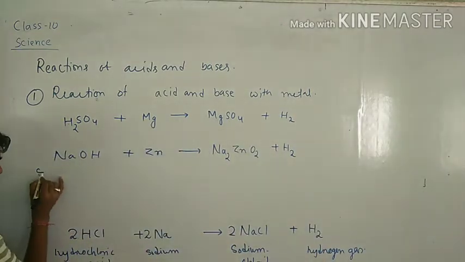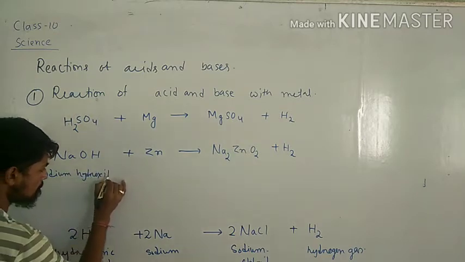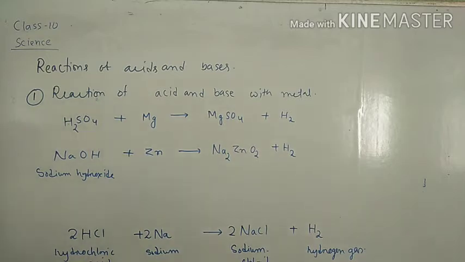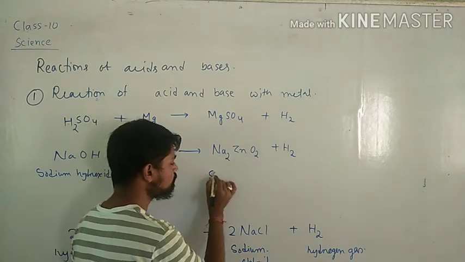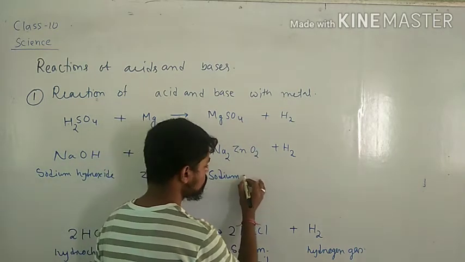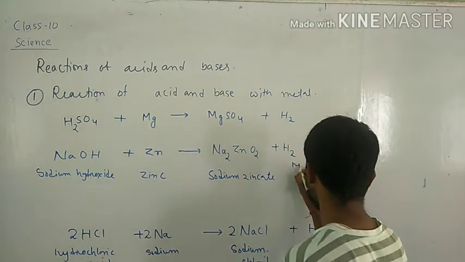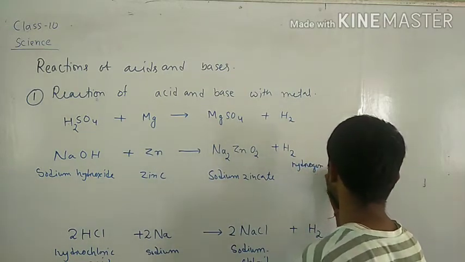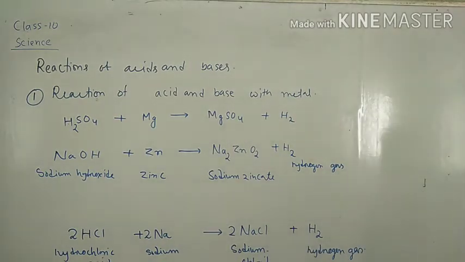So sodium hydroxide, which is base, reacts with zinc to produce sodium zincate and hydrogen gas. So base reacts with metal to produce salt and hydrogen gas. Similarly, acid also reacts with metal to produce salt and hydrogen gas.